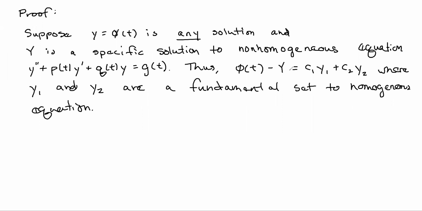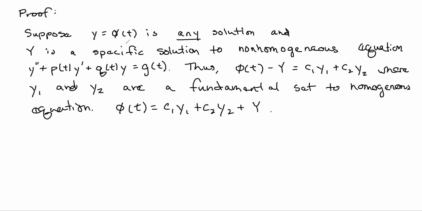And then all you need to do from there is just move the Y to the other side, and thus phi of t equals c1 y1 plus c2 y2 plus capital Y, and that completes the proof.